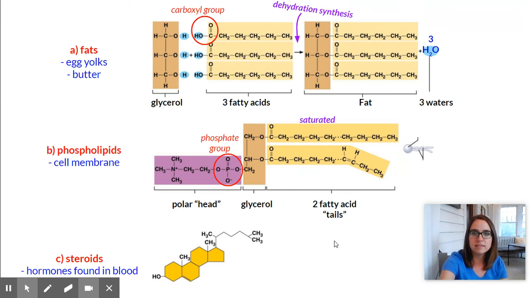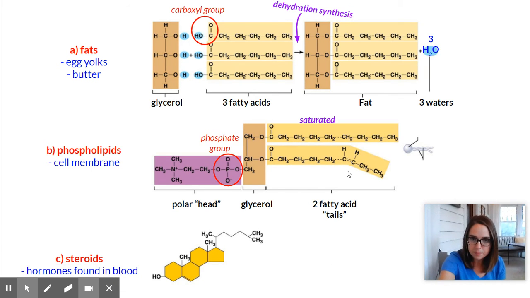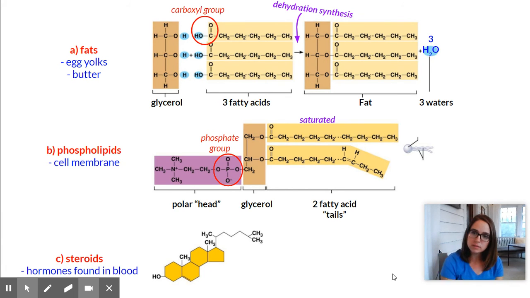Unsaturated fatty acids tend to have double bonds in them. And because they have a double bond, remember carbon forms 4 bonds, it ends up dropping some of the hydrogens. So it only has 1 hydrogen instead of 2, because it double bonds with the other carbon next to it. You can have multiple double bonds in a chain, and these are called unsaturated.